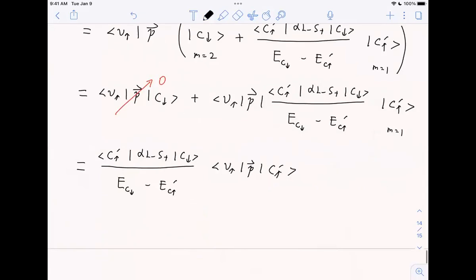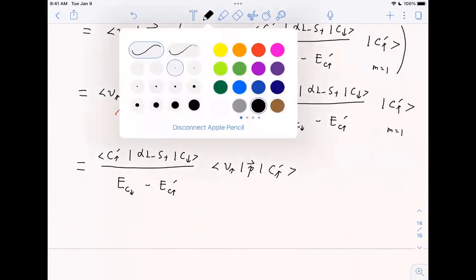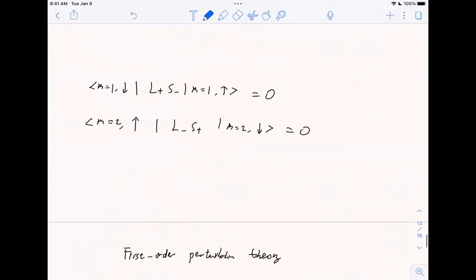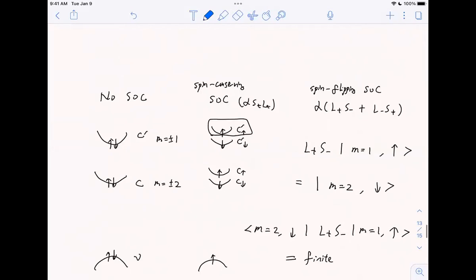Okay, so here you are actually using the matrix element of an upper band. This one has m equal to 1. This one has m equal to... oh yeah, sorry, I'm making mistakes all the way along. It's m equal to 0.